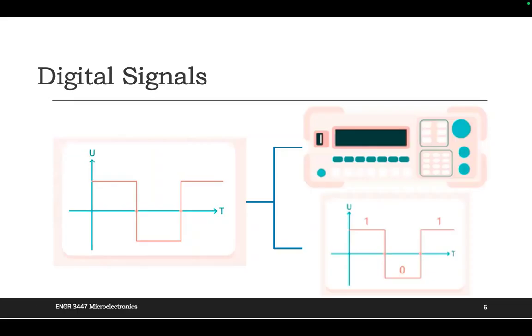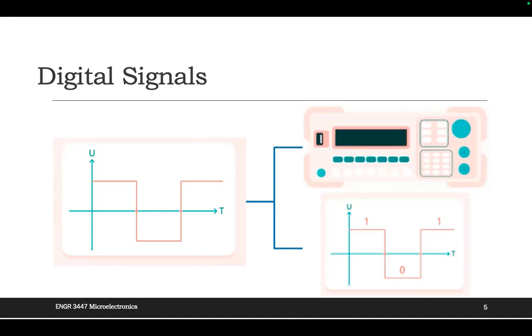You can see that usually digital signals can be displayed on the oscilloscope. We have already done some labs in microelectronics. If you took electronics or microelectronics, you will know digital signals can be represented on an oscilloscope.